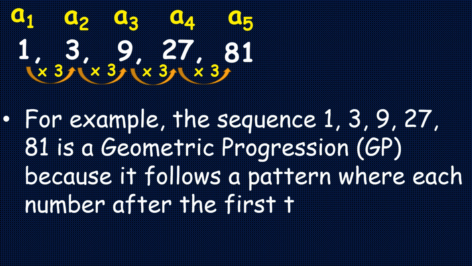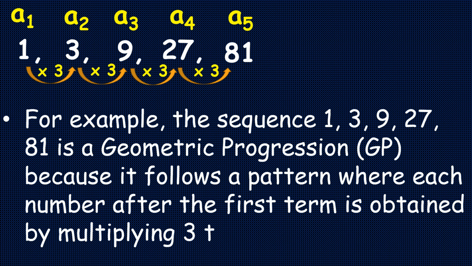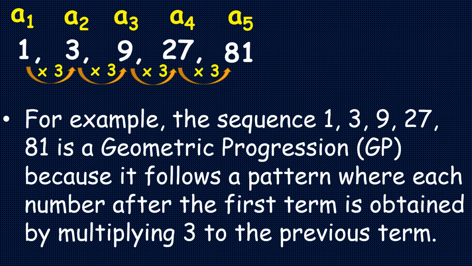So this is an example of a geometric progression, specifically a finite geometric progression which is in sequence. It follows a definite pattern, and each of the terms is obtained by multiplying the previous term by 3.